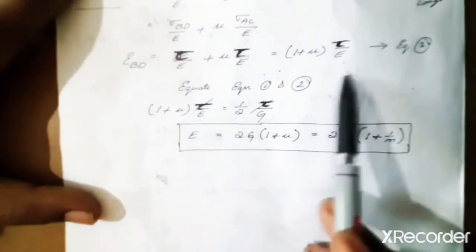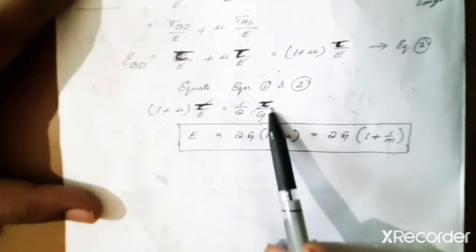But we have two equations for BD. This is the expression for BD, which is equal to 1 plus mu into tau by E, which we got from this equation. But previously we derived another equation here. Strain in the body, diagonal BD, equals half into tau by G. So now let's equate these terms. 1 plus mu into tau by E equals half into tau by G. So tau gets cancelled.